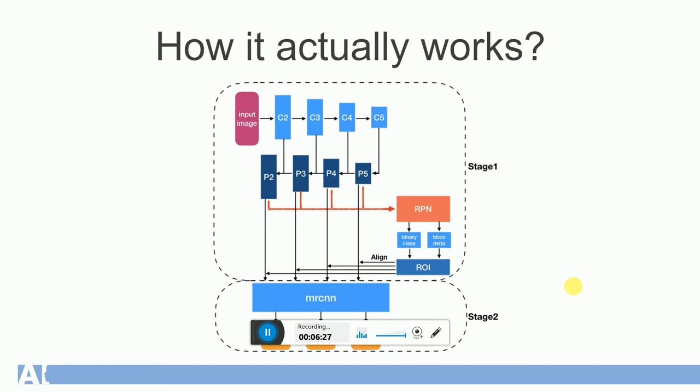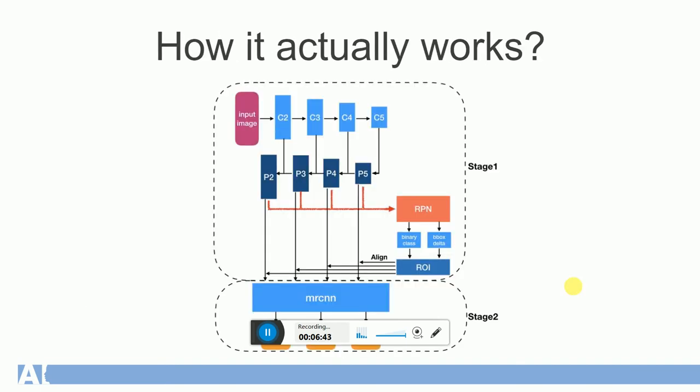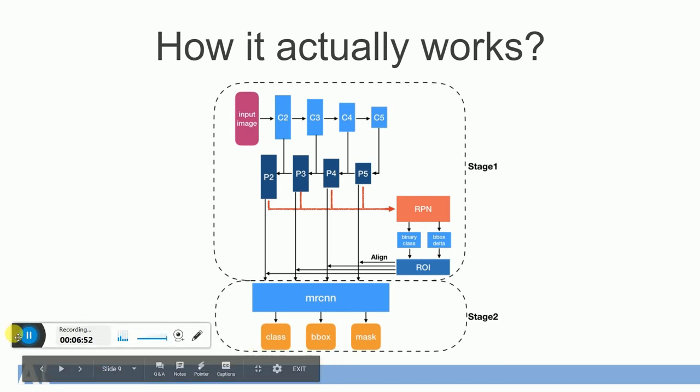Like we can see over here, for the boat, the person, the tree, the clouds, there are some boundaries, and these boundaries are not digitized by the ROI alignment. This is stage 1 of the segmentation.